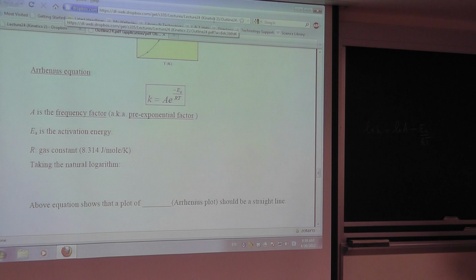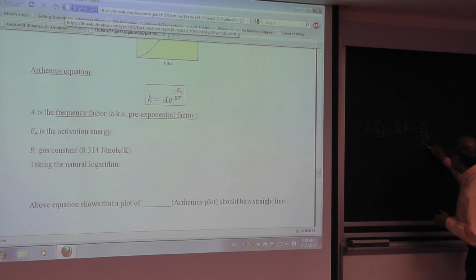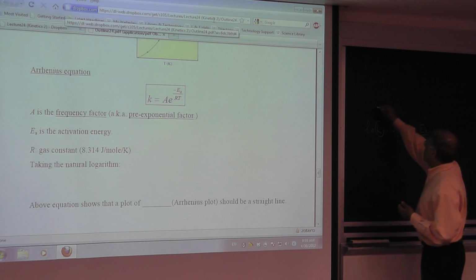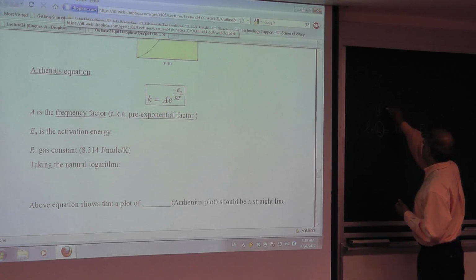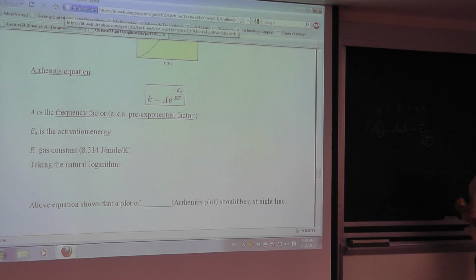So if we want to look at how k depends on T, and if we want to create a straight line, we say this is y equals mx plus b.